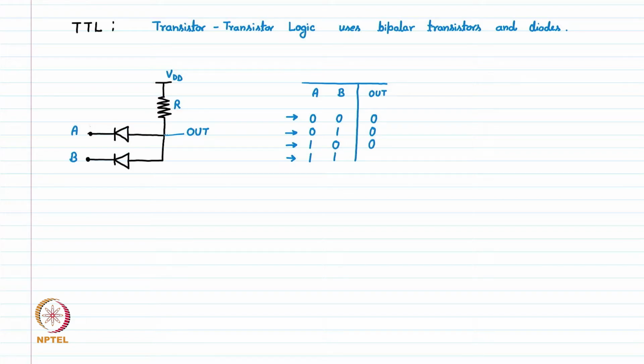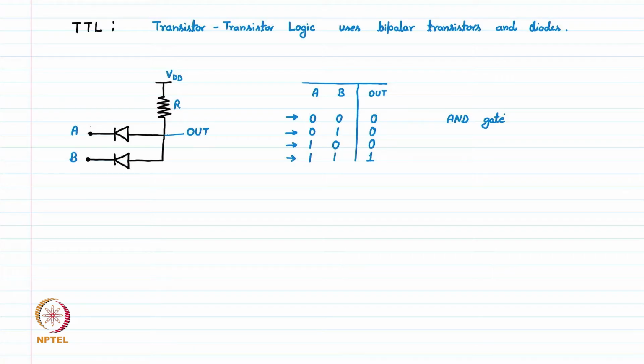So the output will be kept at the VDD value, which is logic high, so the output will be logic 1. This is the truth table of nothing but the AND gate, which we can implement using diode logic.